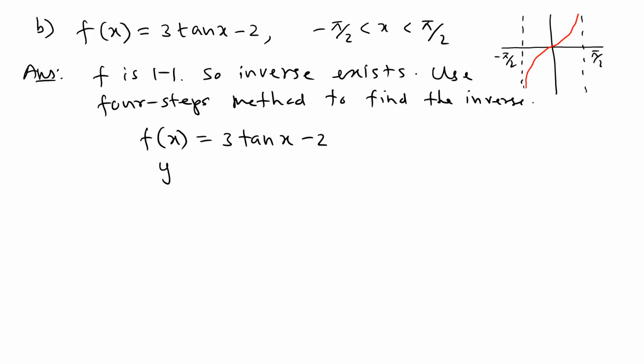We replace f(x) with y, and then we switch the variables. So x equals 3 tan y minus 2. So the goal is to solve for y.